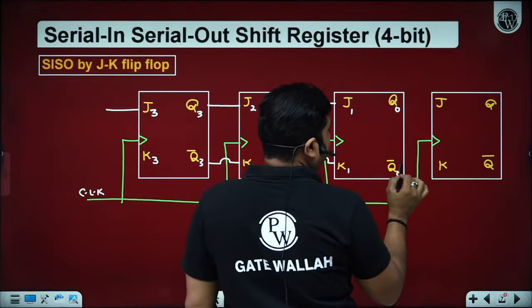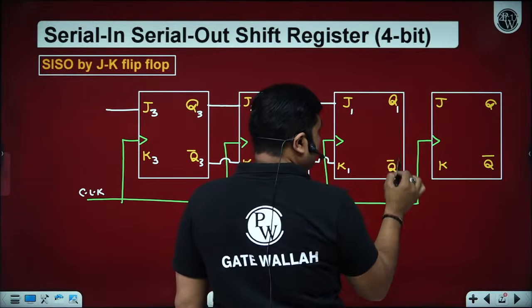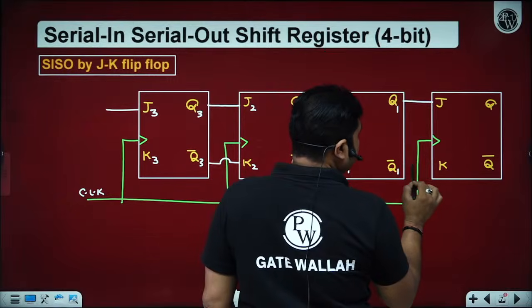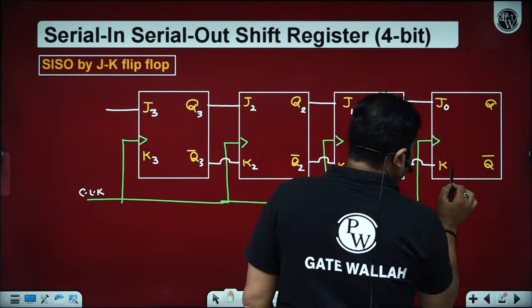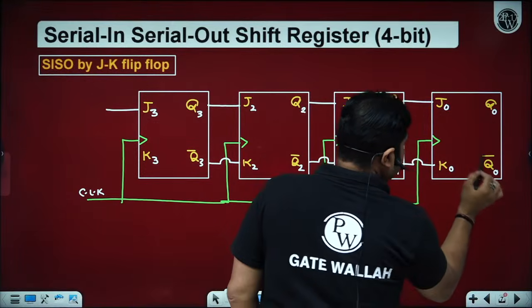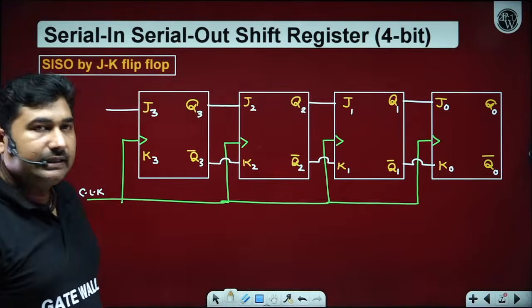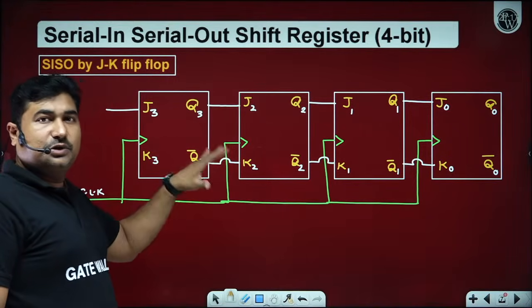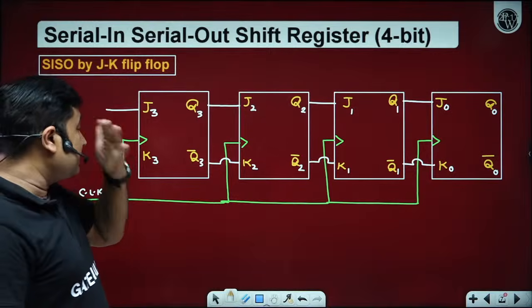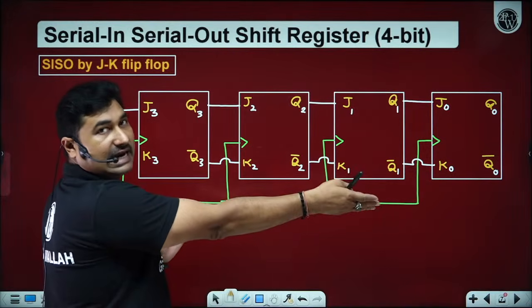How many of you are able to understand? Please let me know in the comment section. In the serial in case, wherever we give the data in is going to be the MSB, if I am designing a shift right register.